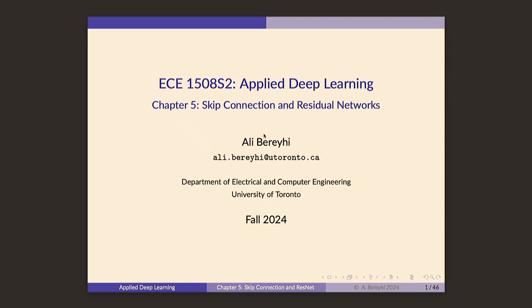They use a particular thing called skip connection, which is not a very new block, but has some very interesting reasoning behind it. So this chapter is going to extend our knowledge of CNN, and after that, we are going to start with RNN.